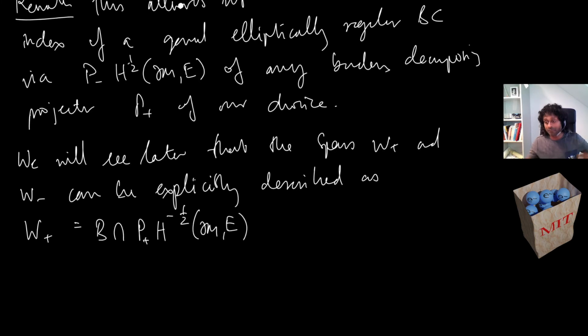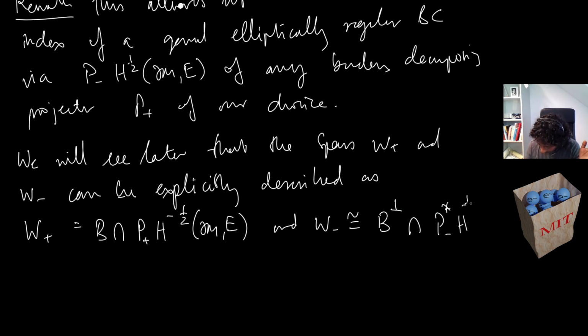The negative half piece on the boundary, and W minus is actually isomorphic to the adjoint boundary condition, well, I should say the annihilated boundary condition, which is related to the adjoint intersecting with P minus star H minus a half.